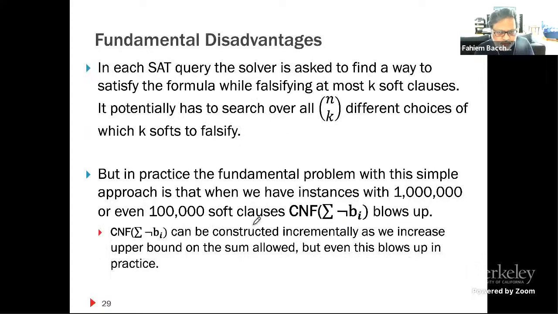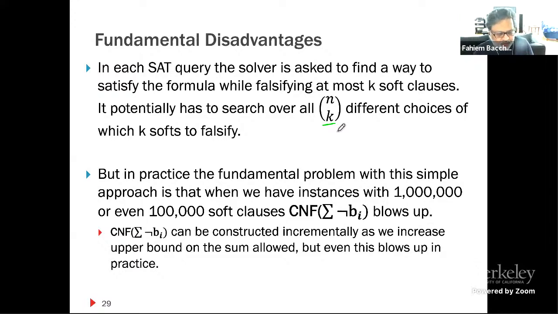So in general, you are giving the SAT solver the freedom to look for all possible choices and choose k, where you're going to falsify k soft clauses. And that's quite a big search space because you're not constraining it in any way.